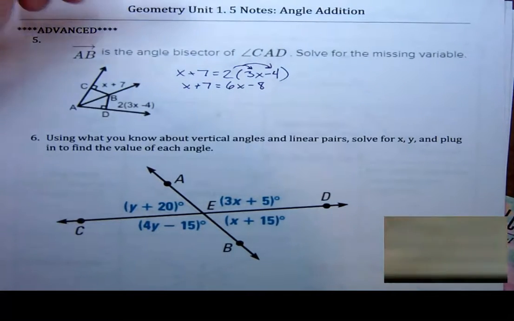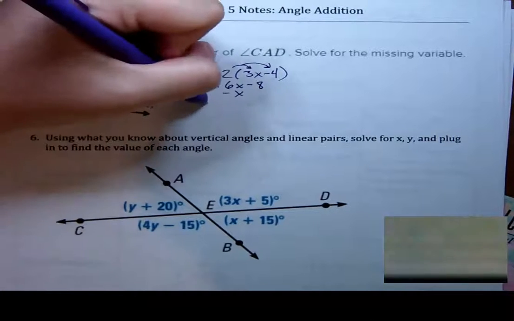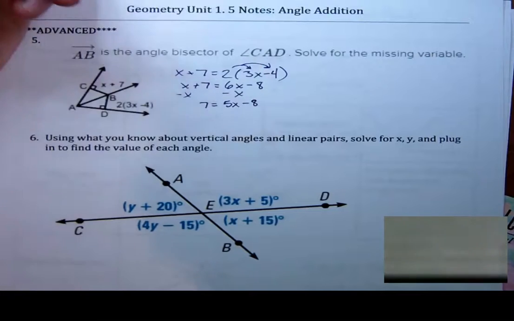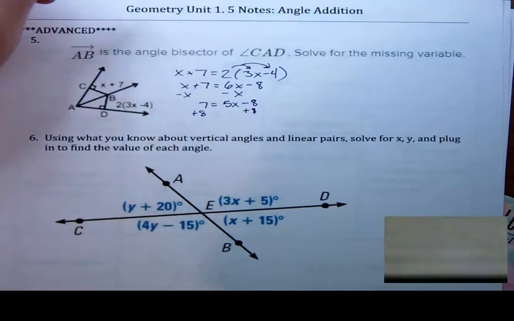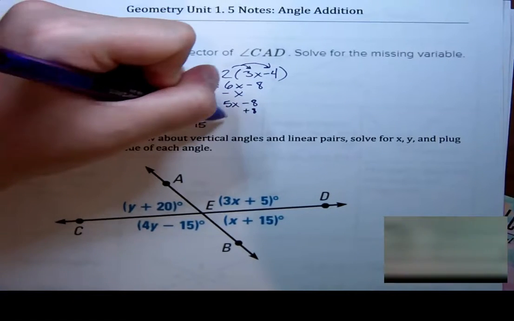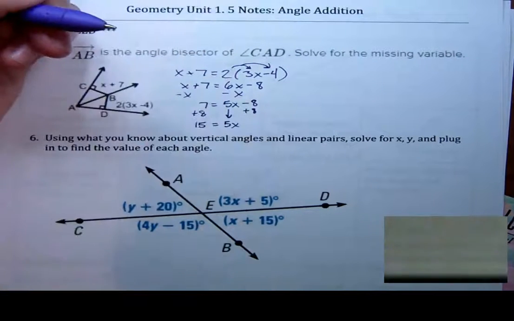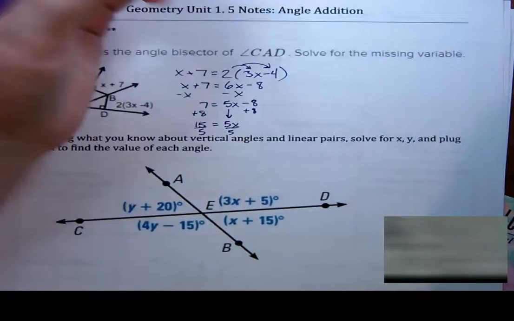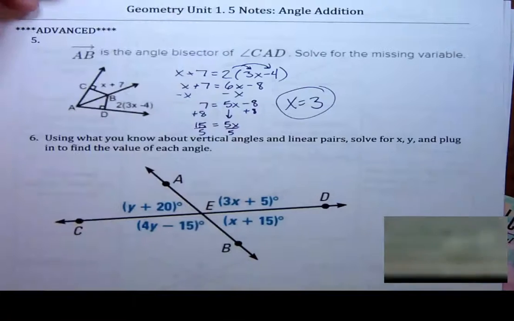Okay, and I'm going to subtract x on both sides and then add 8. And so I'm going to get 15 equals 5x. When I divide by 5 on both sides, I will get x equals 3.